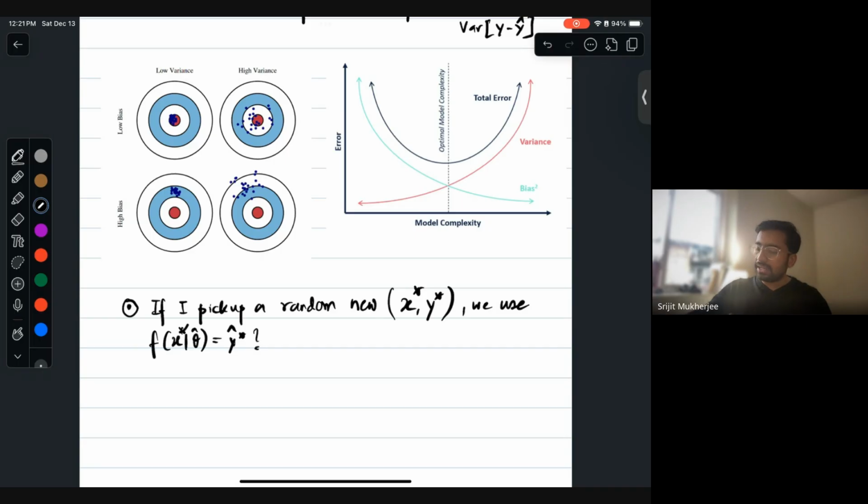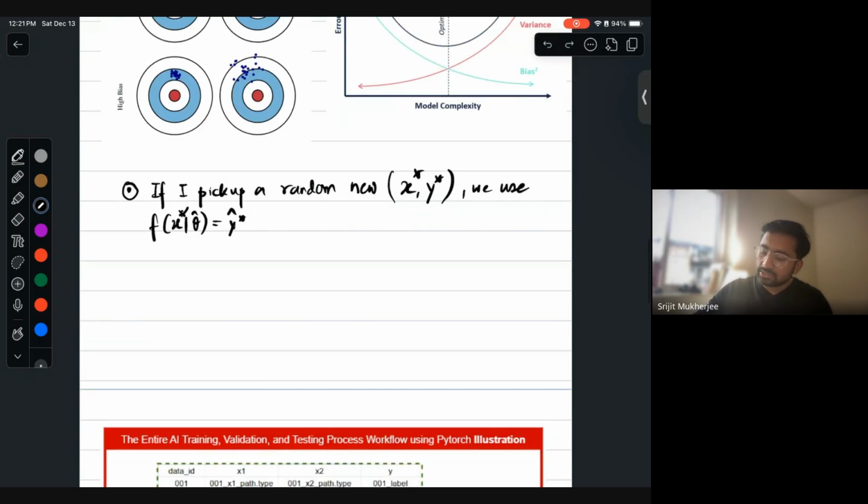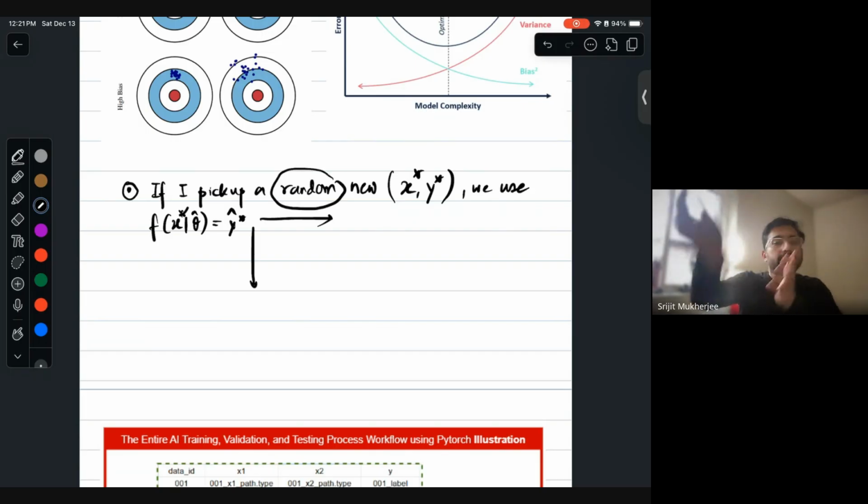So we have x star and y star hat as the predicted and y star as the original. So since this is random, remember, it can vary. The y star minus y star hat can vary, right?